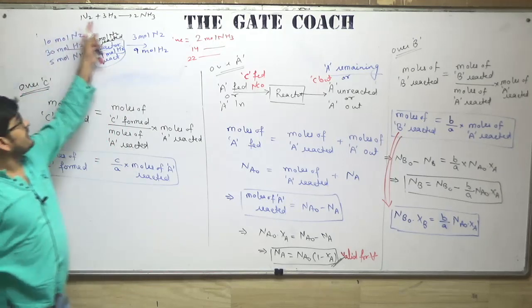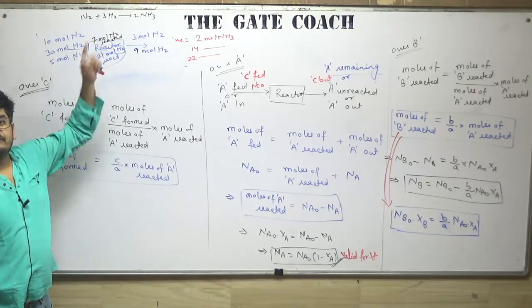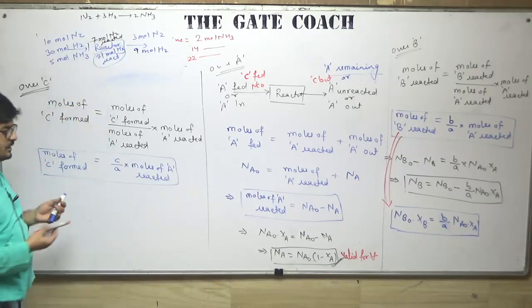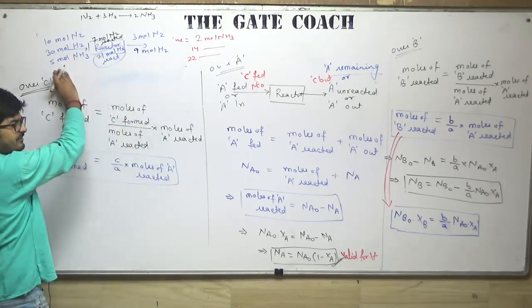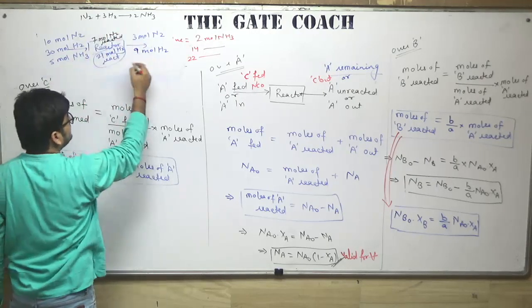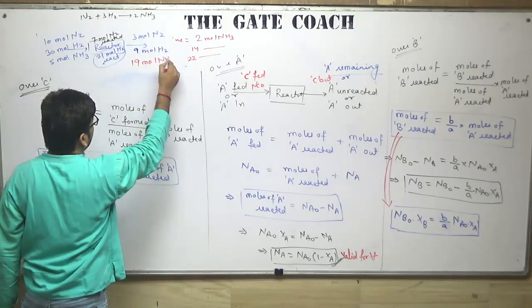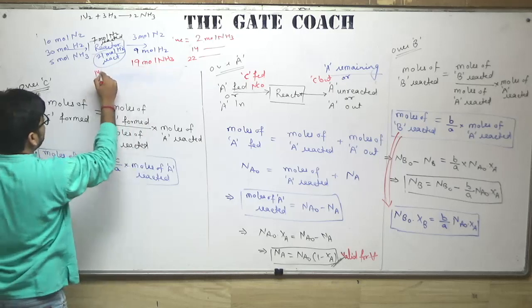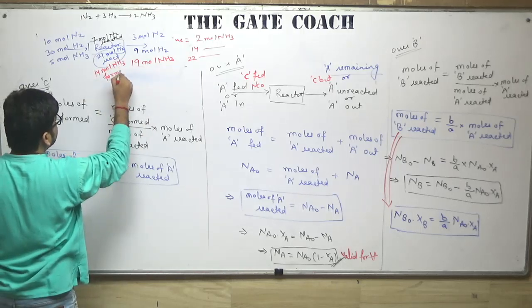One mole nitrogen gives 2 moles of ammonia. So 7 moles of nitrogen will give 14 moles of ammonia. So what will be the final amount of ammonia here? Initial amount 5 plus 14, that is 19 moles of ammonia. It means 14 moles of ammonia formed during the reaction.